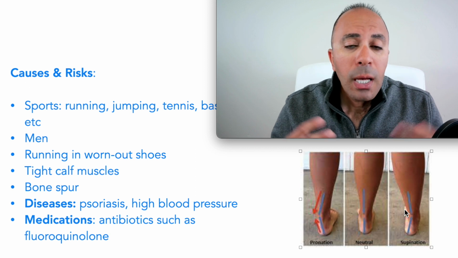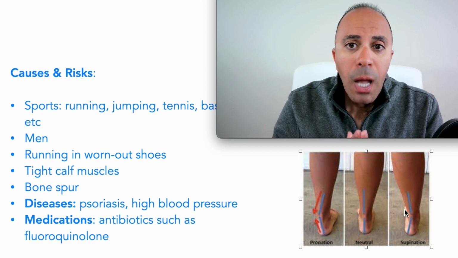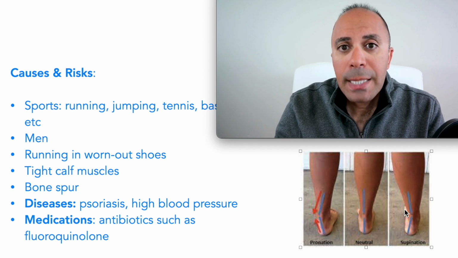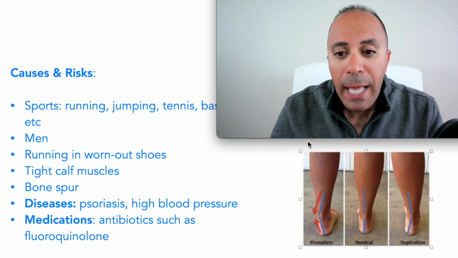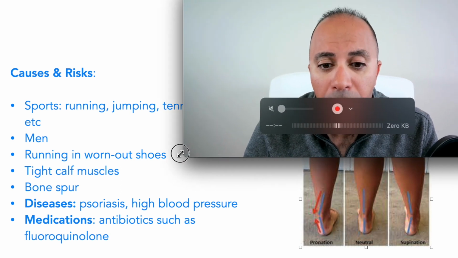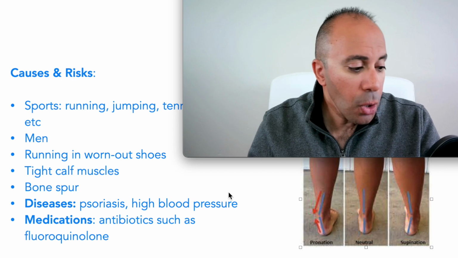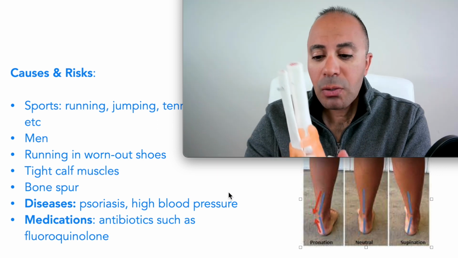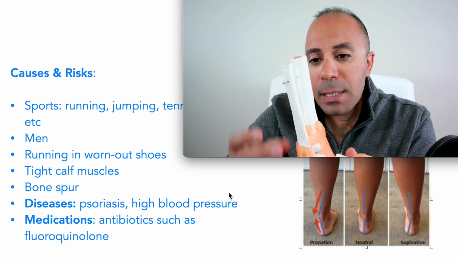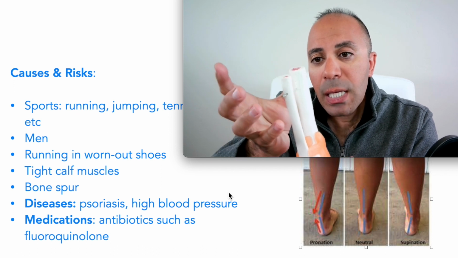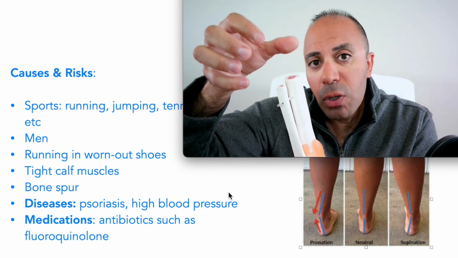The other thing that's extremely common is tight calf muscles, and that's overlooked by a lot of people and healthcare providers. Your calf muscle is attached to your Achilles tendon here, and your calf muscle here is attached all the way to your knee on the top.